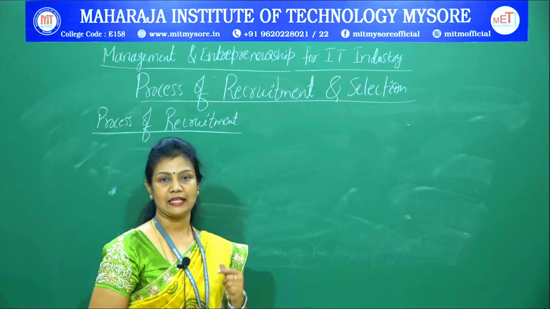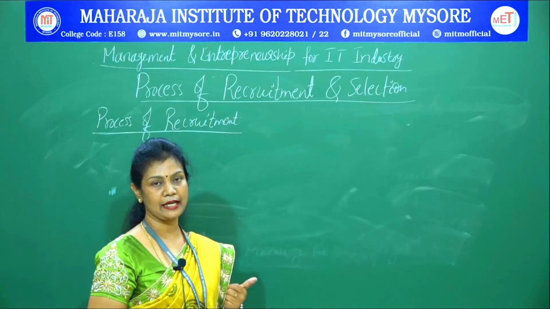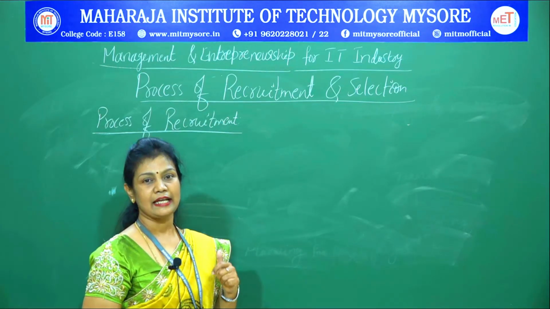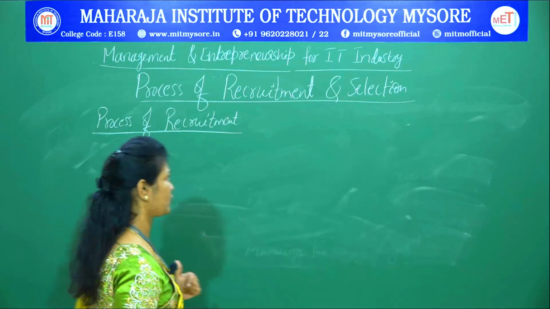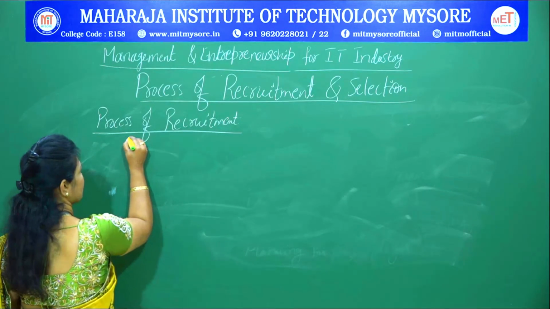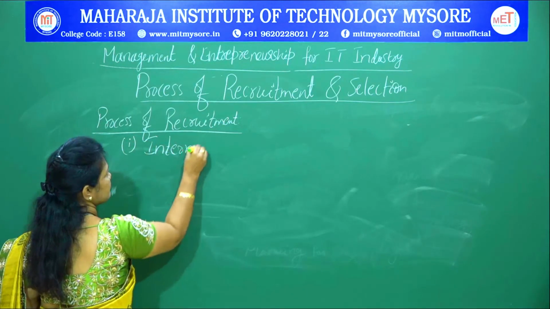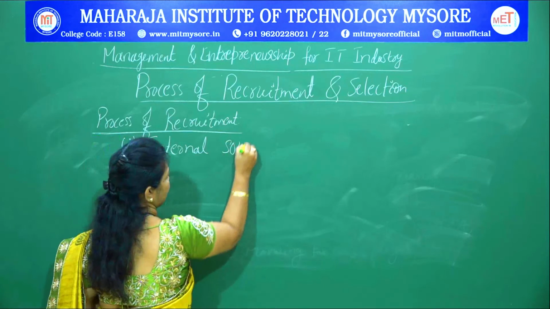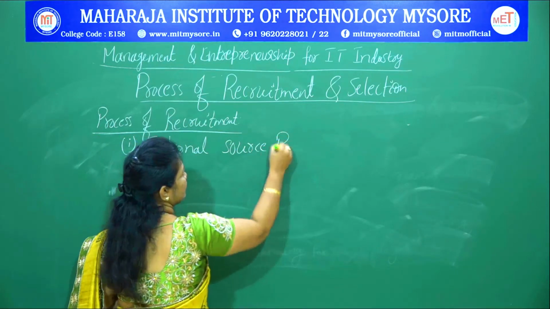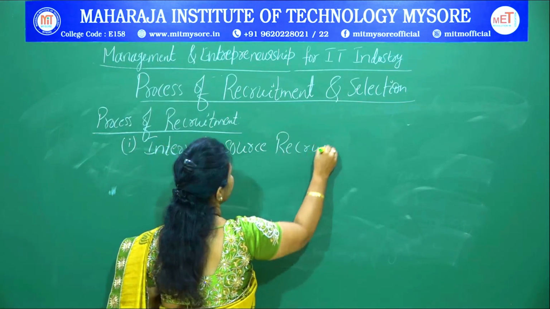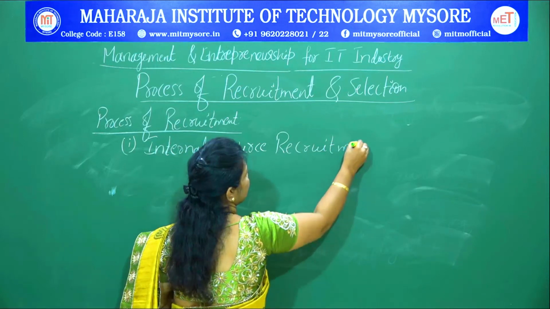One is called internal source recruitment and another one is called external source recruitment. So, what is the difference between internal source recruitment and external source recruitment? Let us have a look into each one of them in detail.